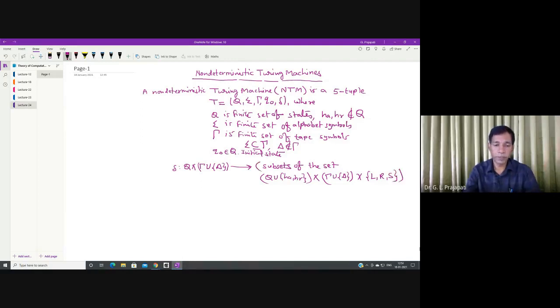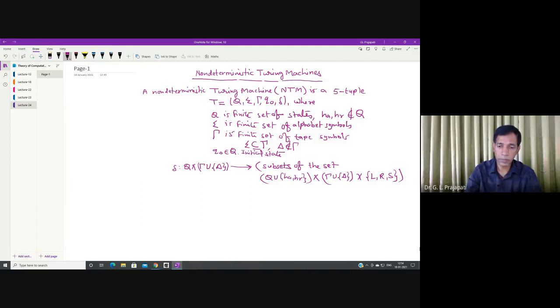So the transition function, in the case of the non-deterministic Turing machine, does not take only one value. Instead, it is a subset of the set. So the values of the transition function are subsets of the set Q union {HA, HR}, times tau union blank, times {L, R, S}. Here, instead of only one output, you may possibly have more than one output.